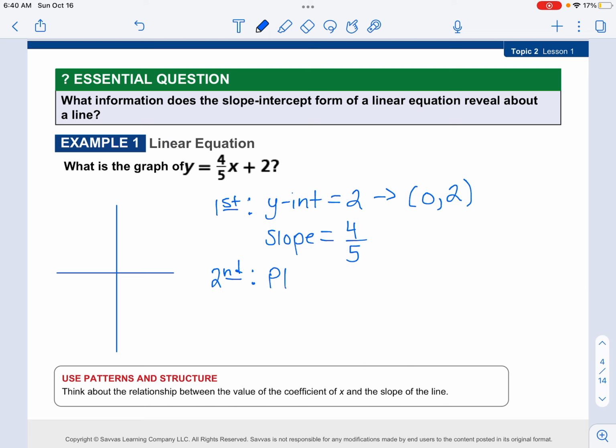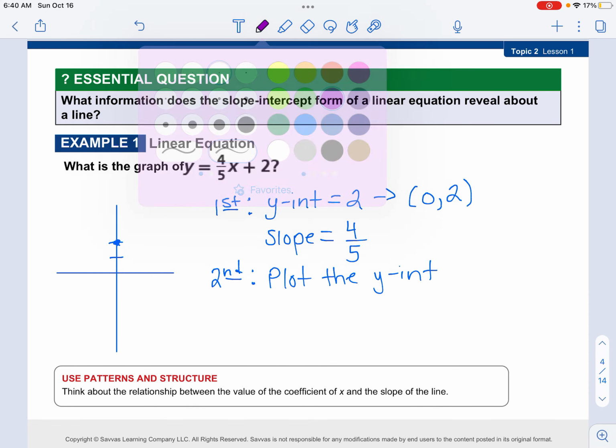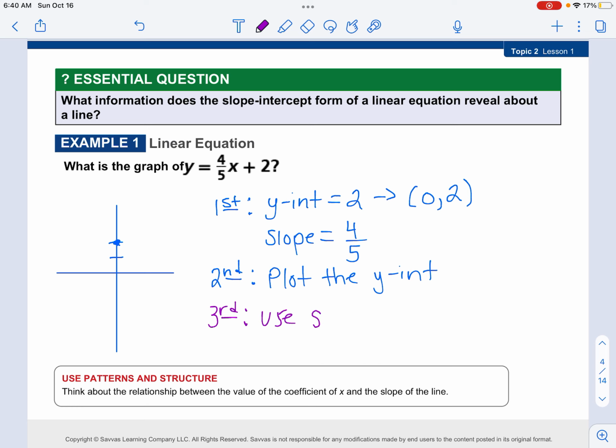Second, you're going to plot the y-intercept on the graph. My y-intercept is at positive 2, so I'm going to go ahead and place that on my graph. Third, I am going to use the slope. My slope is rise over run.